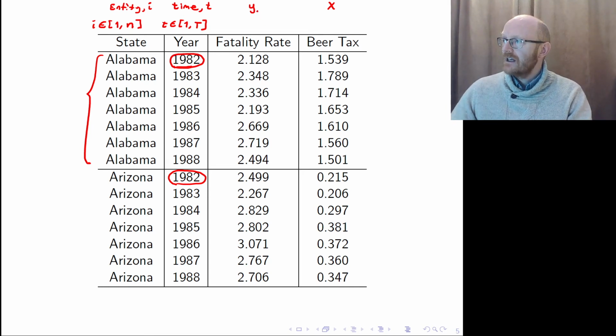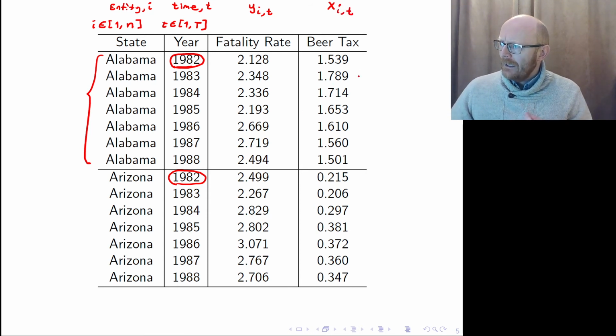And this means that to pinpoint which y value you point at, you need to have both the entity and the time in the subscript, and the same for x.